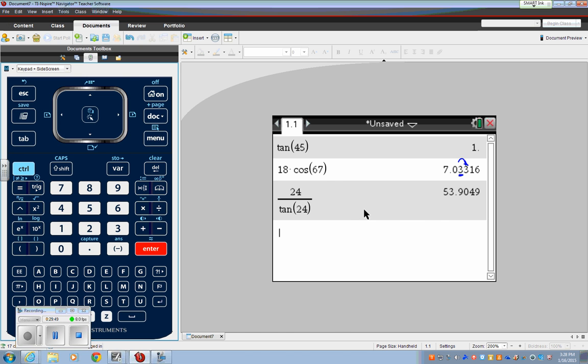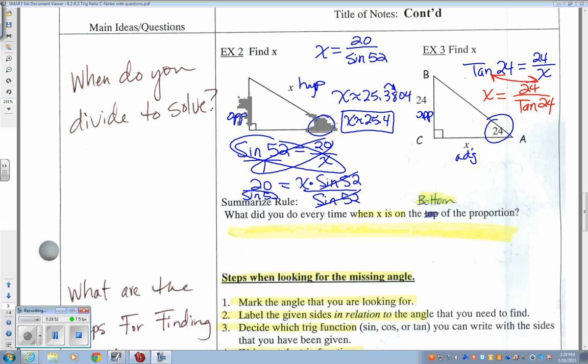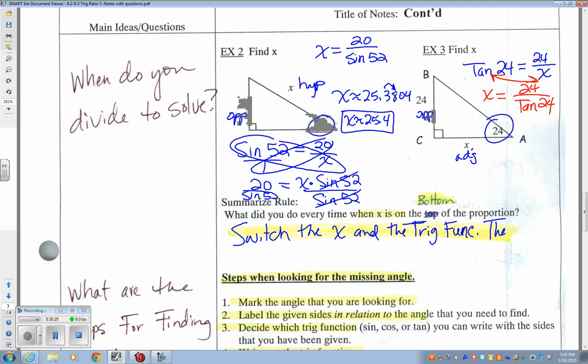Another way to think about it: when x is on the bottom, one way to look at it is switch the x and the trig function, switch them, and then divide.